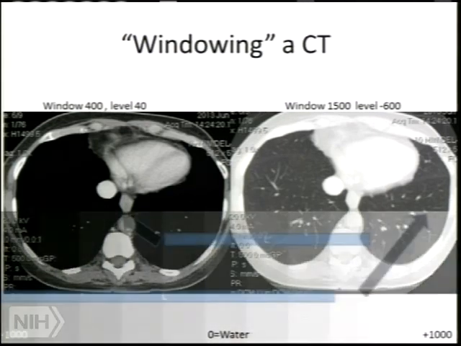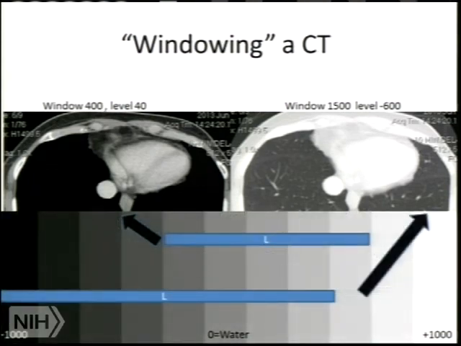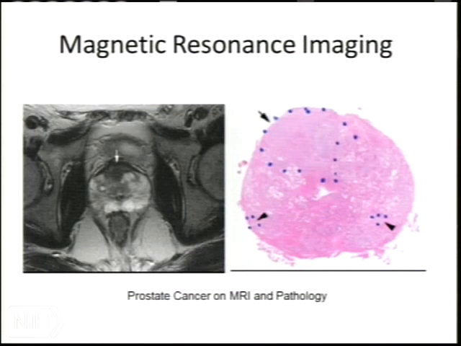So it's a very flexible technique. It's all based on this kind of grayscale where you set the so-called window, which is the length of the grayscale, and then the level, which would be the center of the grayscale. By changing the window and the level, you can alter the way the image looks.